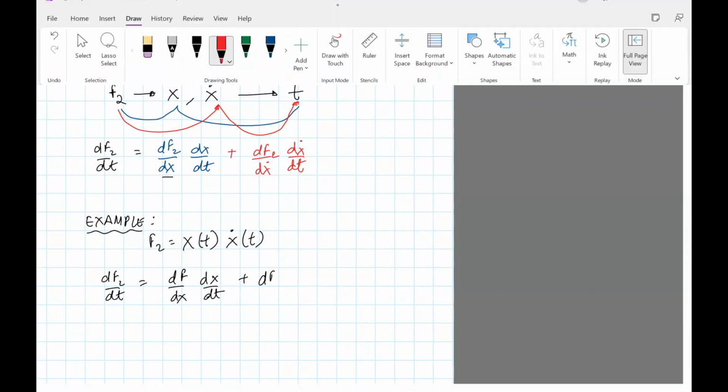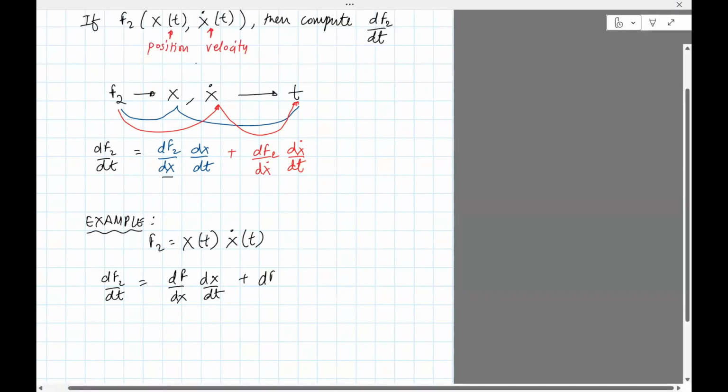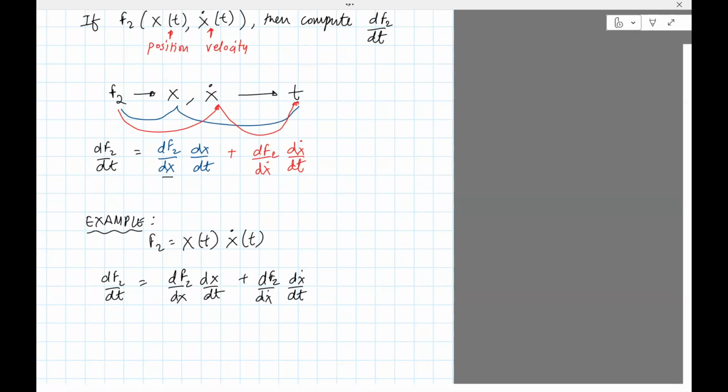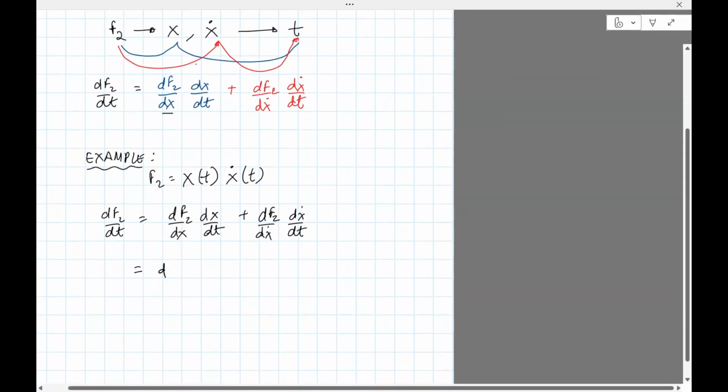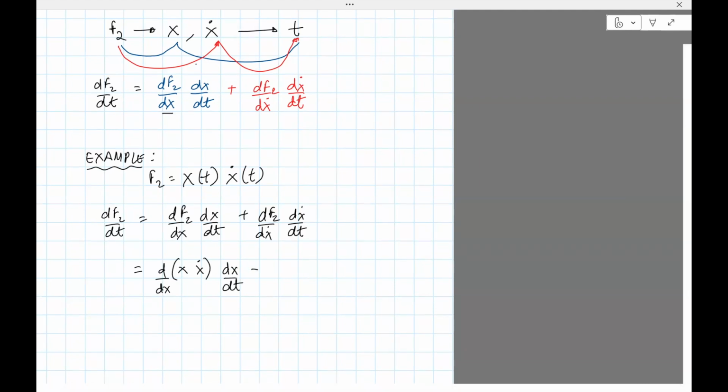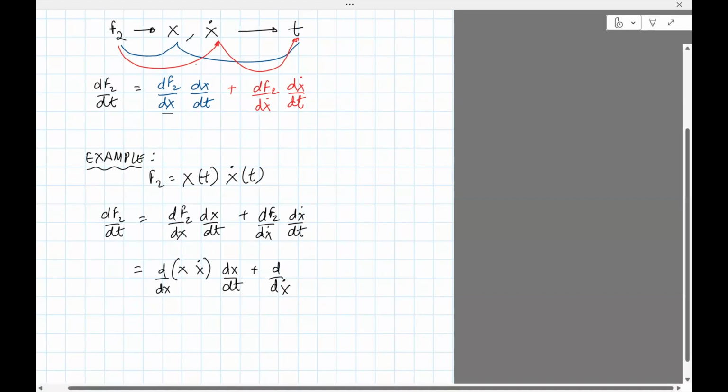This should be df2 dx dx dt plus df2 dx dot dx dot dt. So the first part, just write down f2 the way it is. So it's d of x times x dot dx, dx dt, plus d of x times x dot dx dot, dx dot dt.